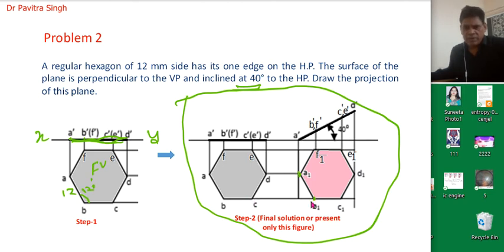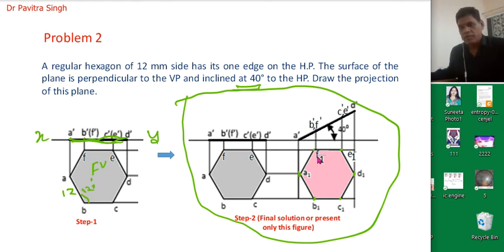Similarly from C dash we get C1. The horizontal line from D intersects the vertical line from D dash, so this will be D1. Similarly, a vertical line from E dash and a horizontal line from E give E1. Then a horizontal line from F and a vertical line from F dash give the new point F1.